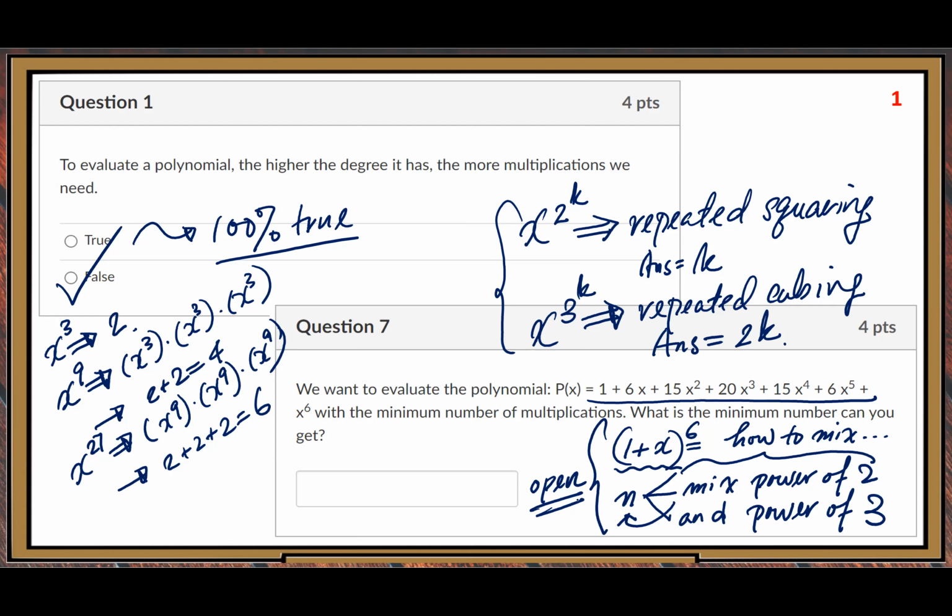So here you can see we use many pieces of knowledge. Repeated squaring, repeated cubing, mixing them, and also this Pascal triangle structure. All these things.